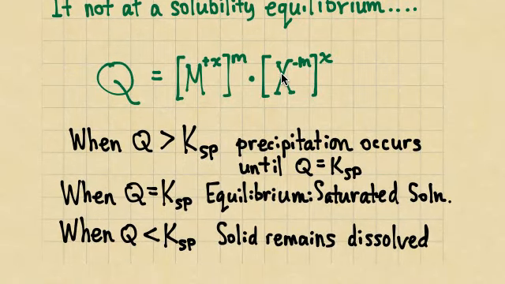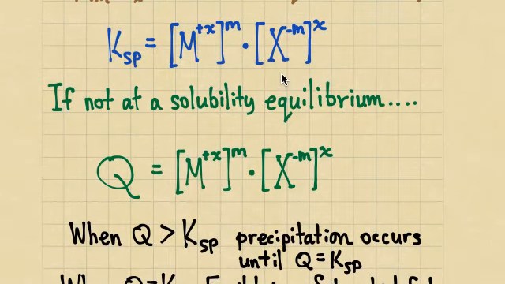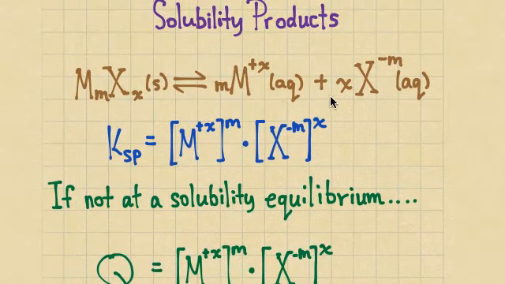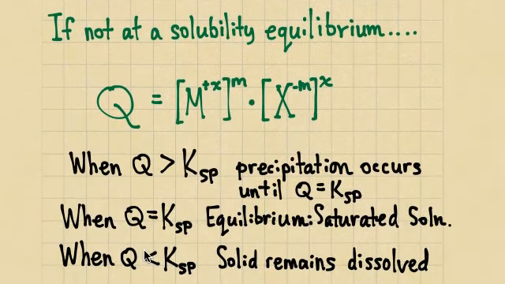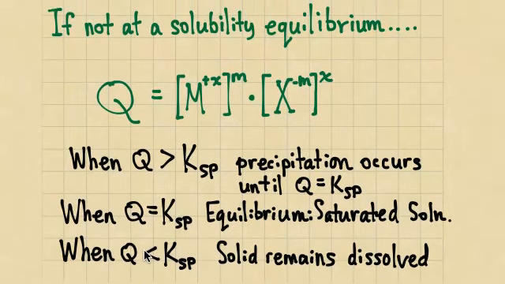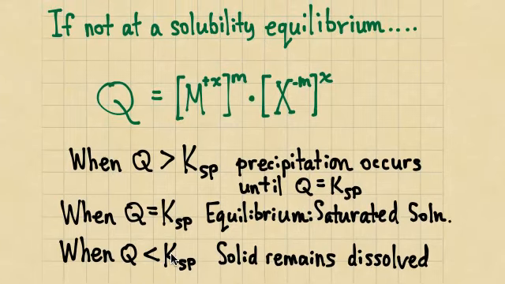If this is too big, that means this is too much, and it'll go back this way, and I will see precipitation. And the opposite is also true. Whereas if I don't have that many, if this is very, very small, and Q comes out very, very small, specifically smaller than the Ksp, then all the solid remains dissolved. I see no precipitation, and voila.